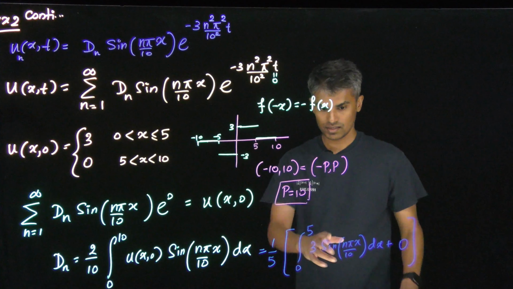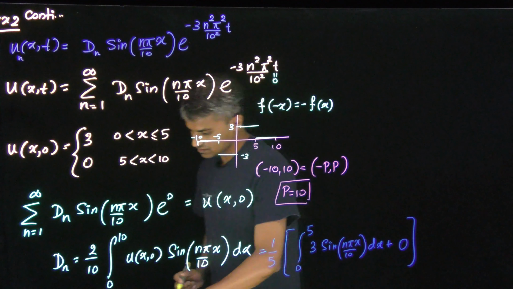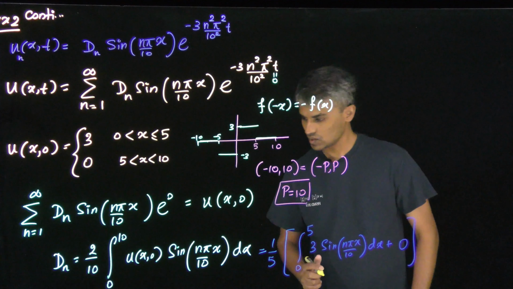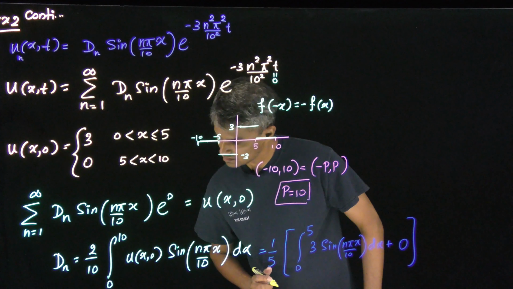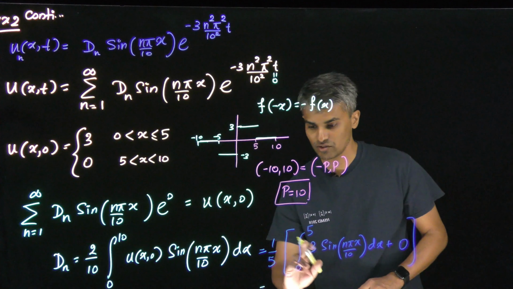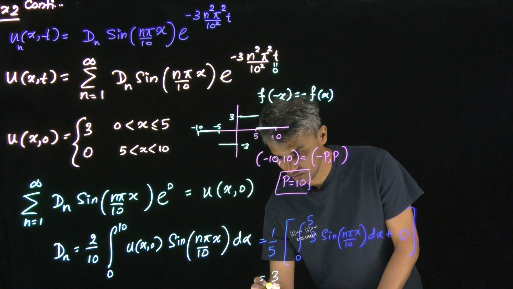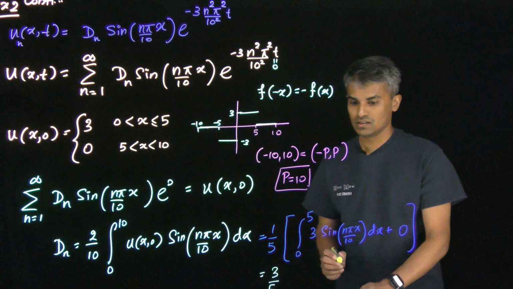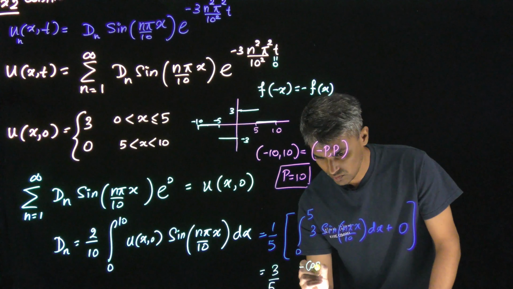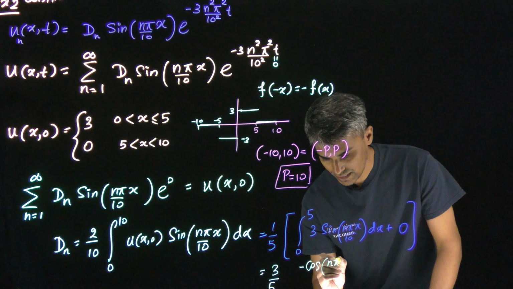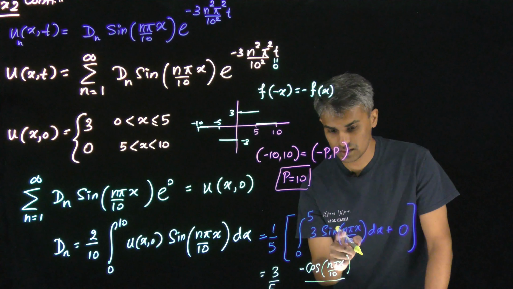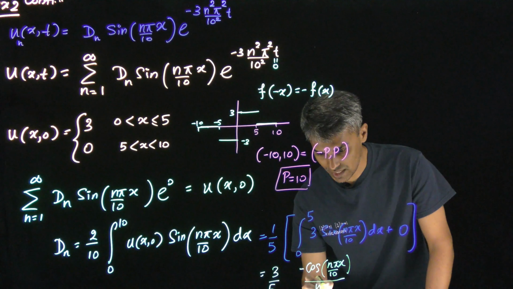Okay. Now, let us simplify this integral. We can pull out this 3 from the integral sign. So, we have 3 over 5. Integral of sine is minus cosine of the angle n pi x over 10 over this constant term which is n pi over 10.